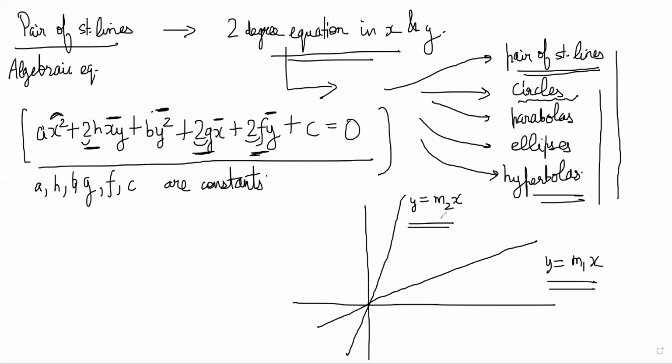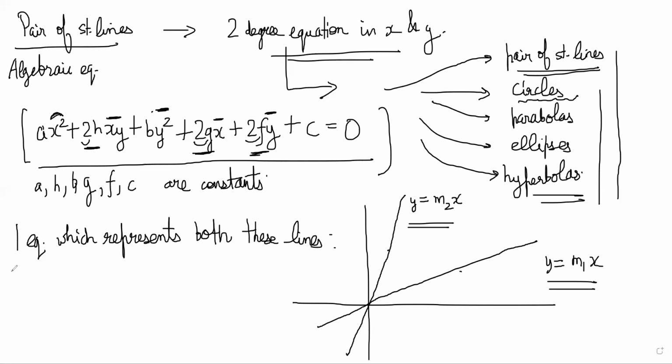So if I wanted to write these two lines in terms of one equation, basically what I mean to say is I want one equation which represents both these lines, right? Then what would I do?